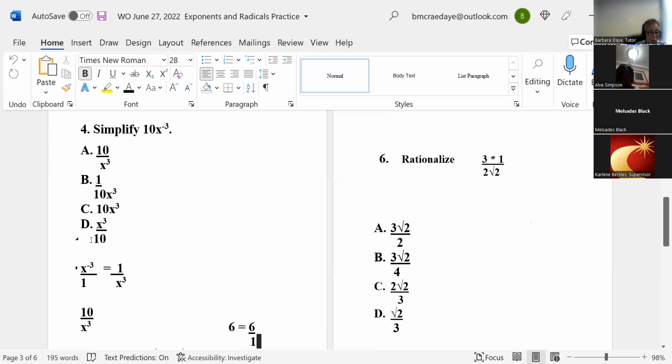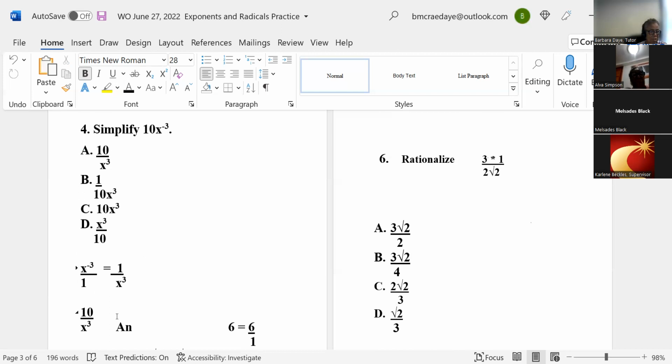Now this becomes 1 over x to the third. But I had a 10 up here, so that would be 10 times 1 over x to the third, which is just 10 over x to the third. And what answer would that be, Alva? Well, I did it and I chose B. I'm not sure I'm right.